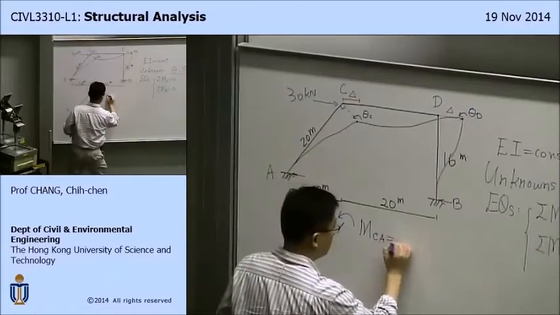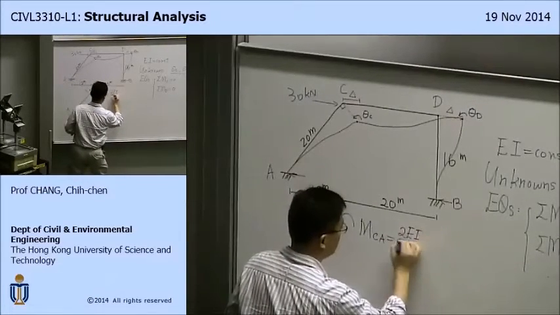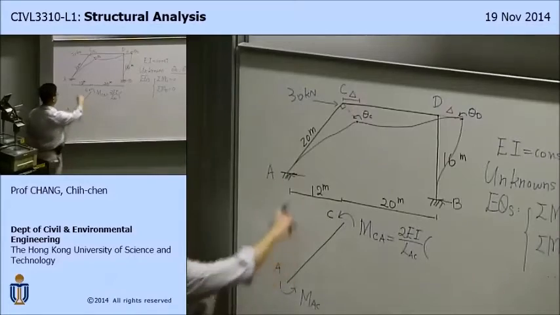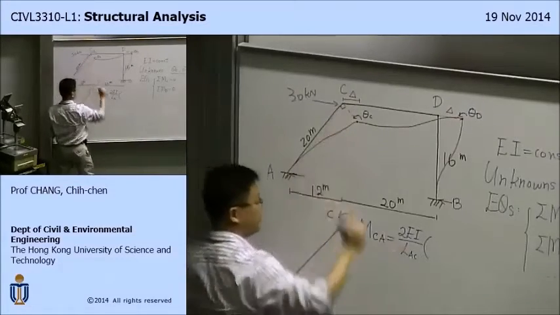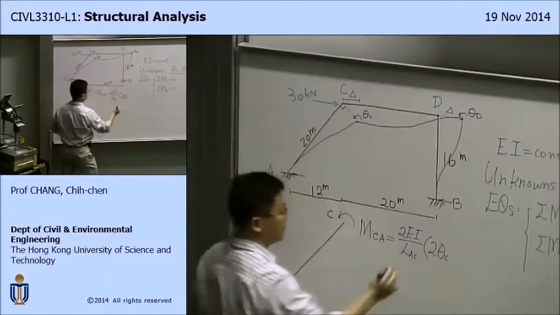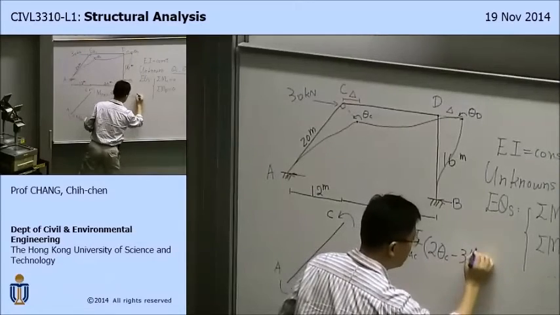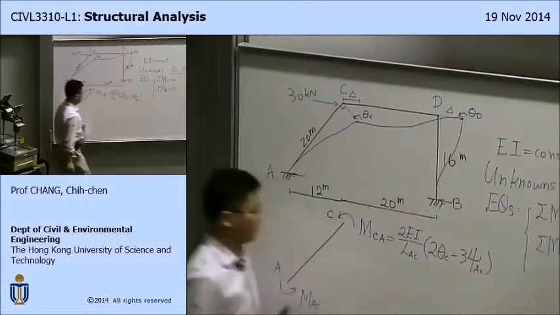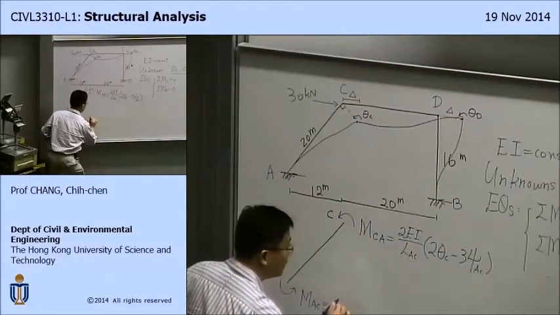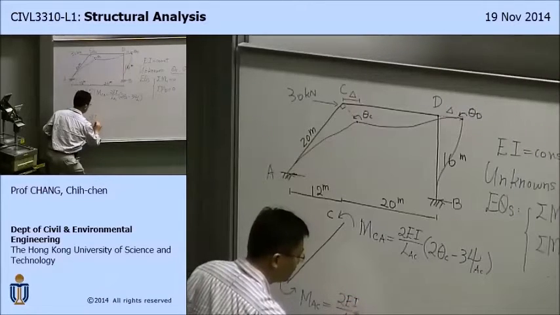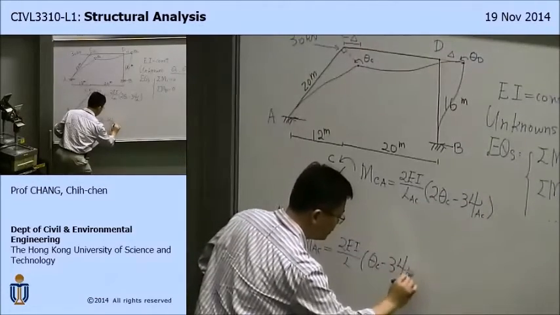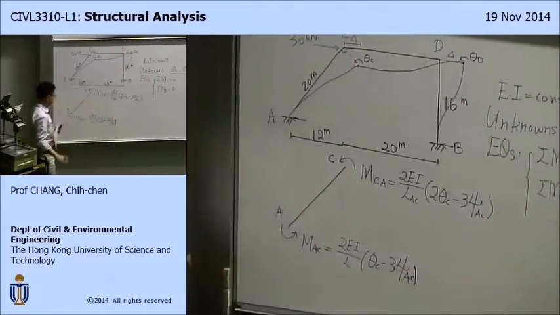So this is 2EI over L_AC, 2 times theta A, 1 times theta C, minus 3 times rigid body rotation, like that. And here, this is 2EI over L, 2 times theta C, 1 times theta A, which is equal to 0, minus 3 times rigid body rotation, like that.